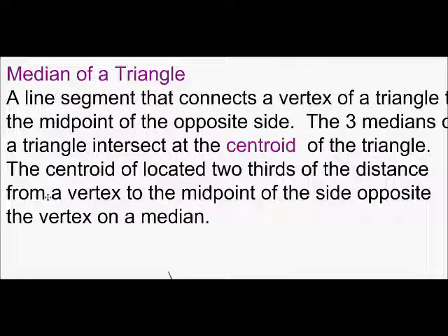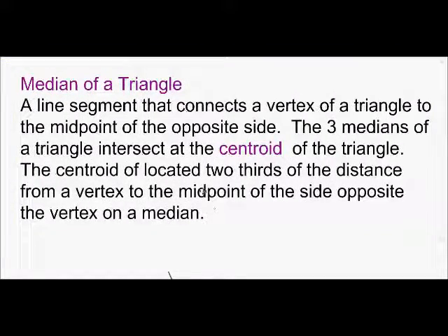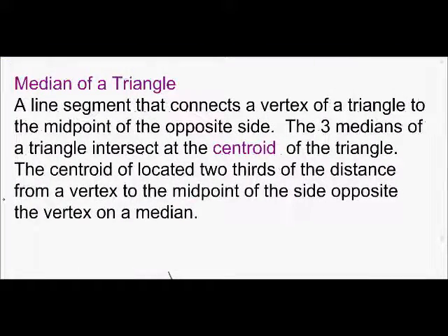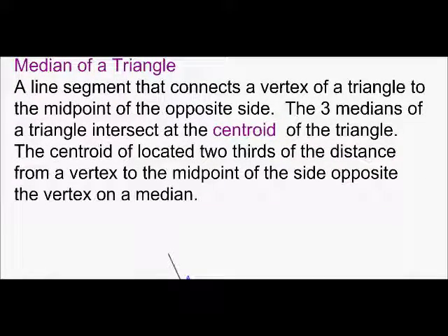Last segment, we have the median of a triangle. The median connects a vertex of a triangle to the midpoint of the other side. Oh, sorry, we talked about the mid-segment before; this is the median. So it connects a vertex to the midpoint of the other side.